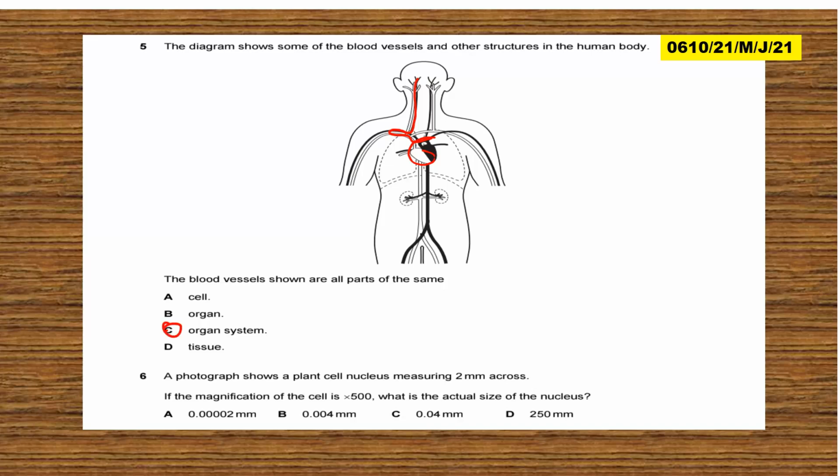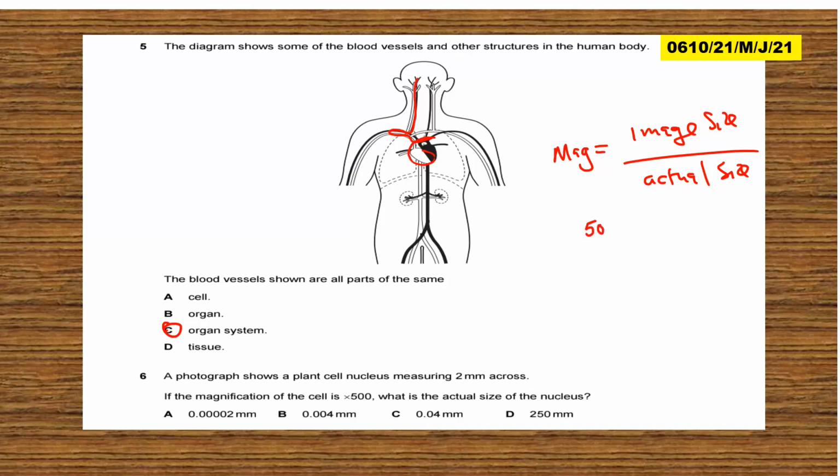Question 6. The photograph shows a plant cell nucleus measuring 2 millimeter across. If the magnification of it is 500, what is the actual size of the nucleus? So magnification is equal to image size divided by actual size. We are finding the actual size.